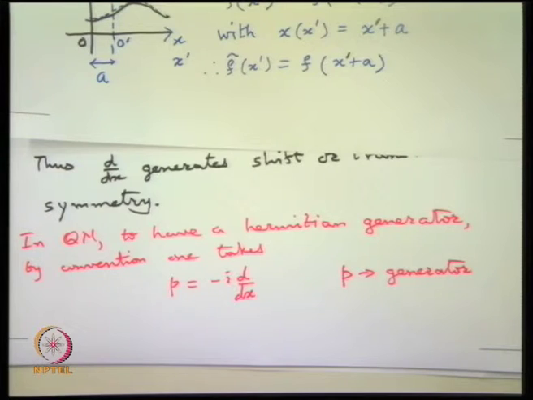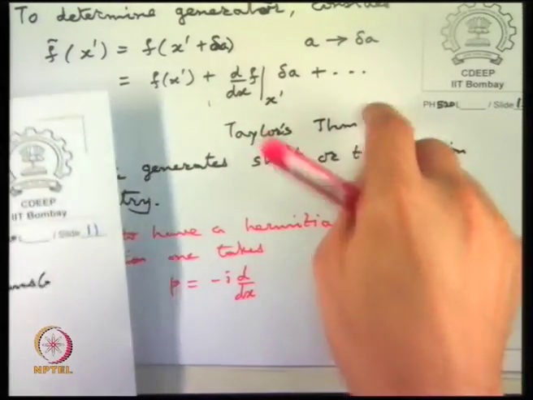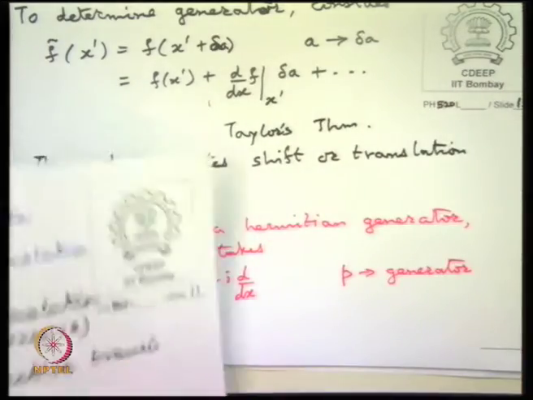And we can see that any finite shift can be obtained as exponentiation, because the exponentiation is nothing but the full Taylor series along with its 1 over n factorials.